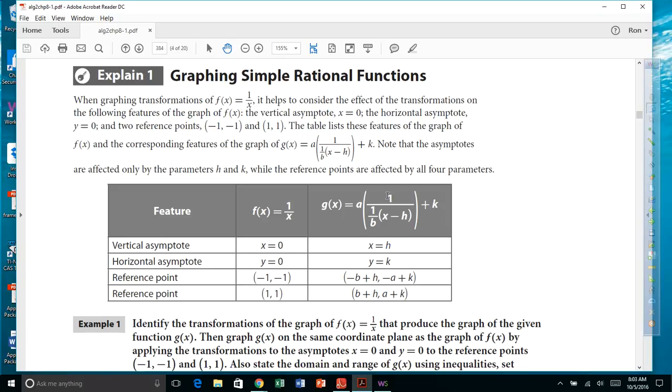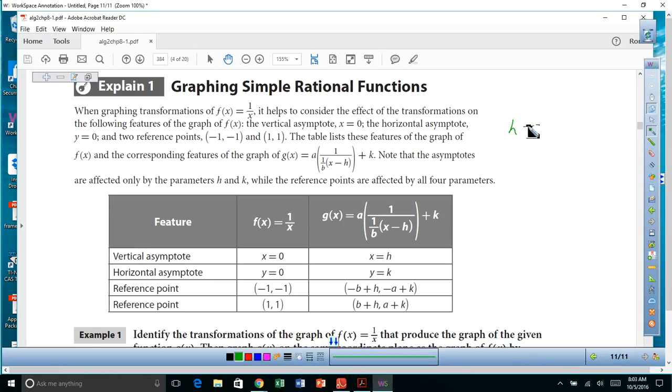The table lists these features of the graph of f of x and the corresponding features of the graph of g of x. Note that the asymptotes are affected by the parameters h and k, while the reference points are affected by all four parameters.